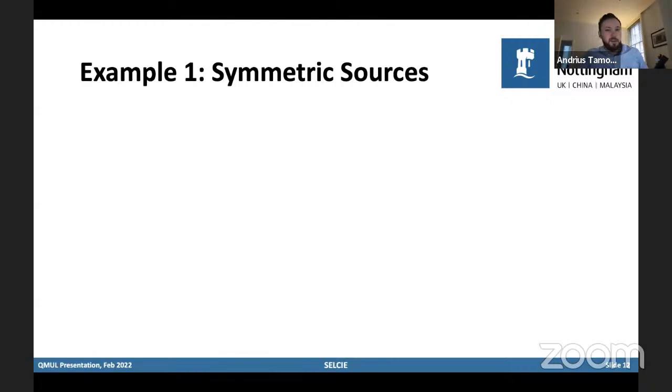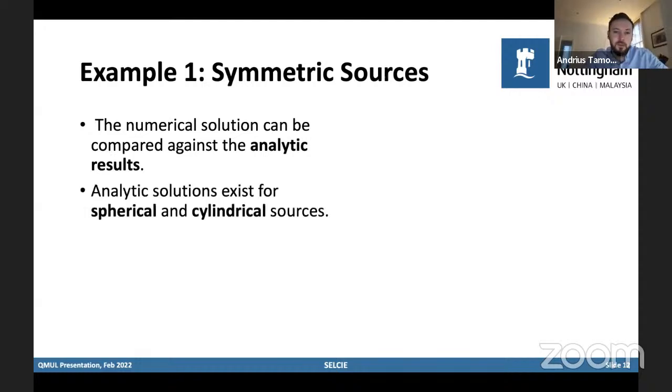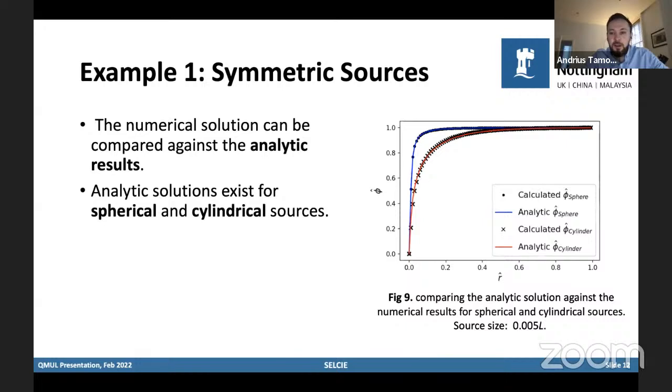But probably the best way to look at some of the results is to look at some simple examples. So what happens when you define a symmetric source? Let's say a sphere, or in 2D a circle, or something with cylindrical symmetry. You can obtain this very easily. And here are some solutions compared to the approximate analytical solutions, because we know the analytical solutions for a sphere or a cylinder.